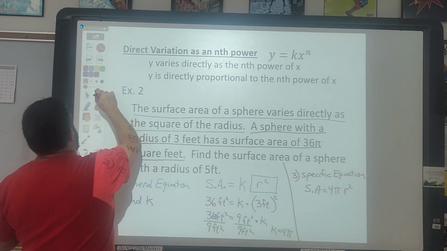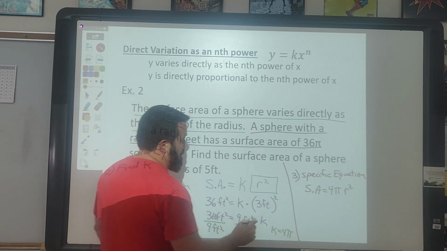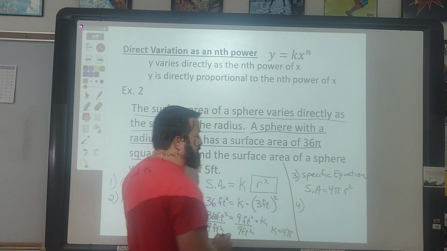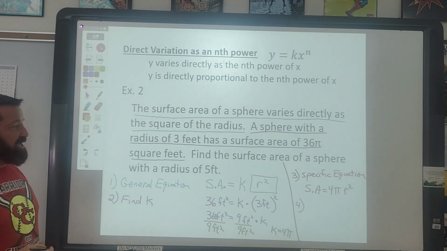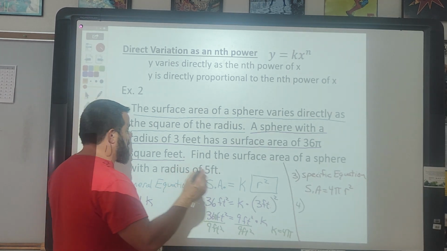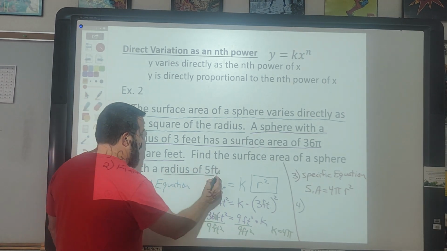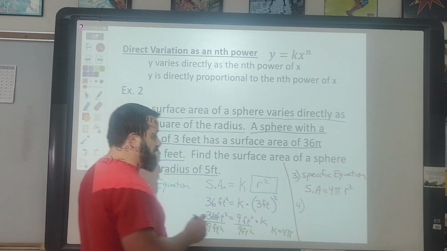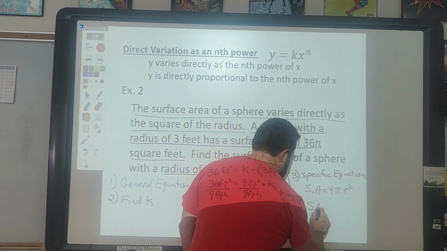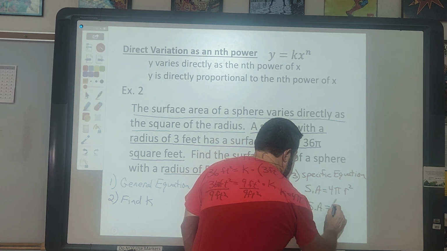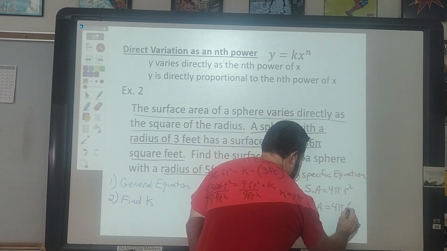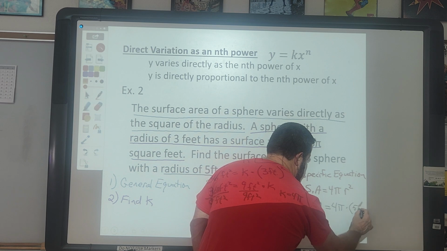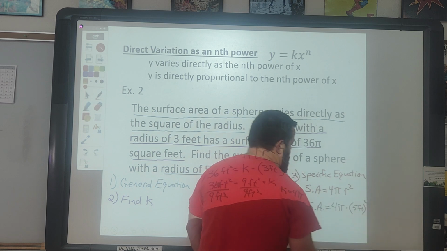The final step is to actually answer the question that's about ready to ask me. It says, find the surface area of a sphere with a radius of 5 feet. So I'm going to substitute in 5 for the radius, to find the surface area. So I'm going to have 4 pi times 5 feet being squared.